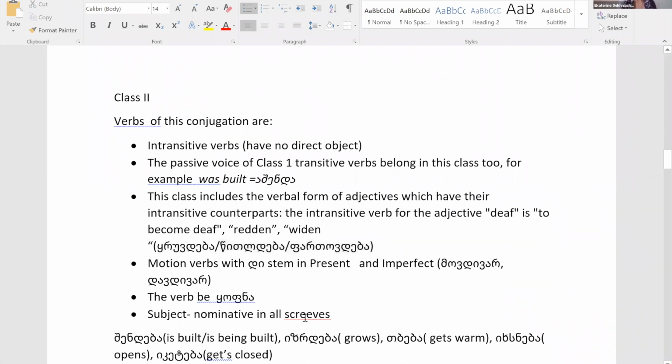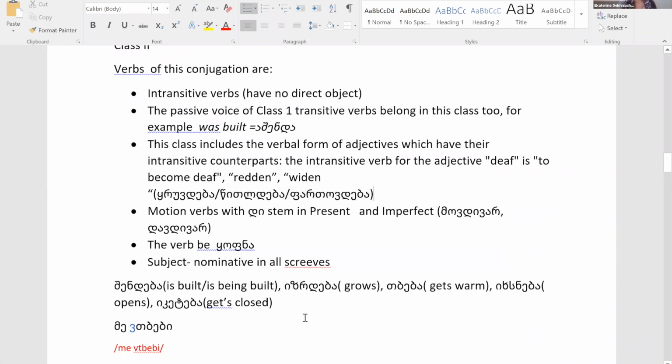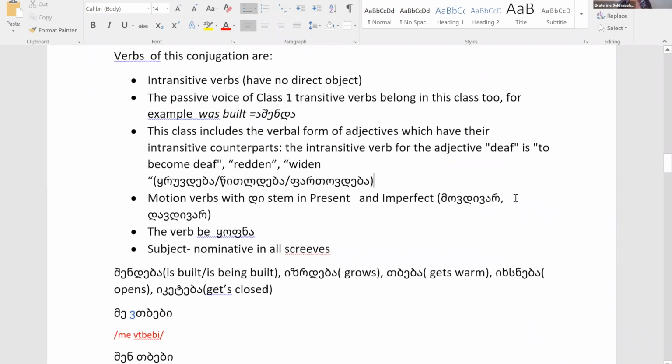Also motion verbs, but not all are in this class. Movdivar, I come. Davdivar, I go, I visit. The verb to be, although some linguists think that to be does not belong to any of these classes, it is just a regular verb, but still the verb to be by most of its signs and rules and behavior fits in this class.